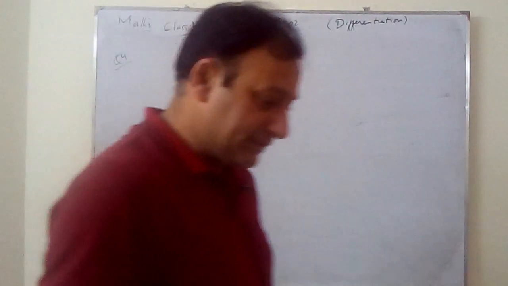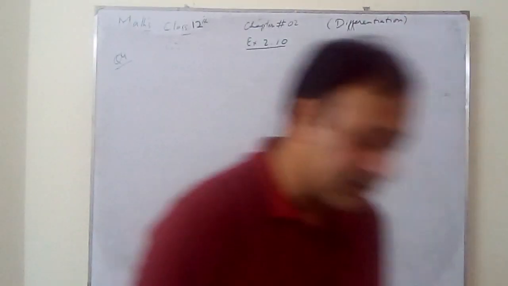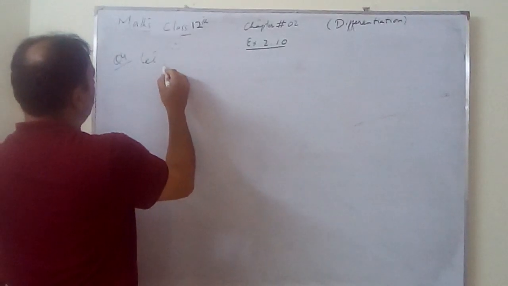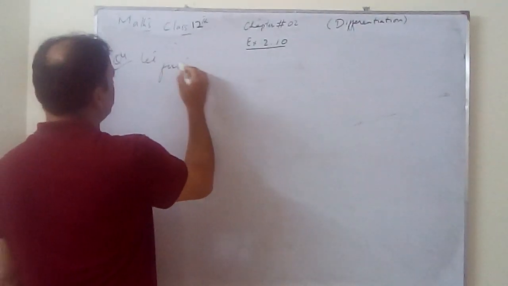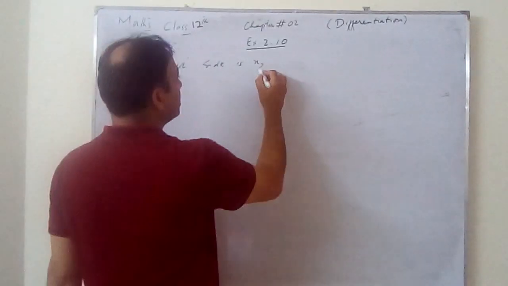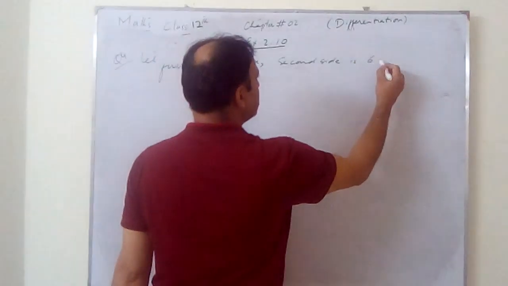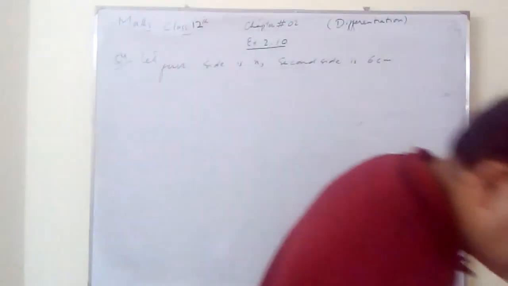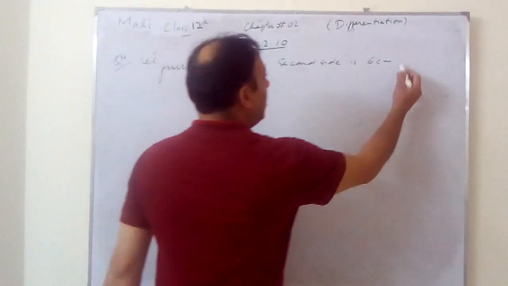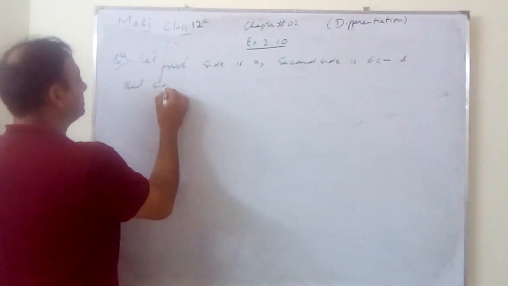He is saying that the perimeter of a triangle is 16 centimeters. If one side is of length 6 centimeters, let the first side be x, the second side is given, 6 centimeters, and the third side, what will it be?